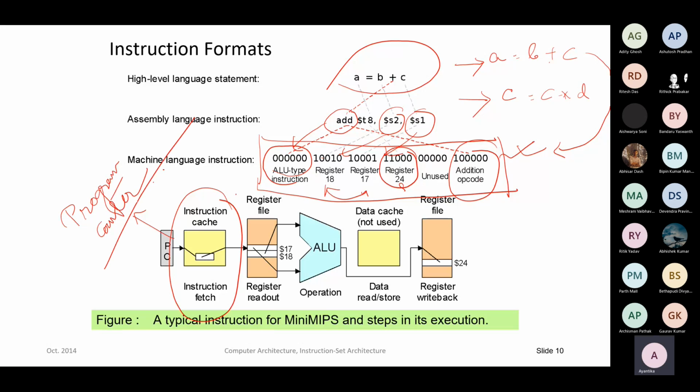This is just a register, nothing else. It is fetching the instructions one by one, checking the fields, checking the source locations from where the values should be fetched. It gives those values to the ALU, arithmetic logic unit, and also gives the information about the opcode, what to do. If it is addition, the ALU will do that addition and the result will be stored in the destination register file. So this is how instruction execution takes place.